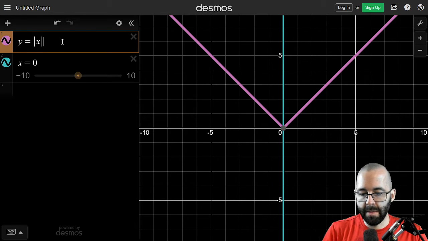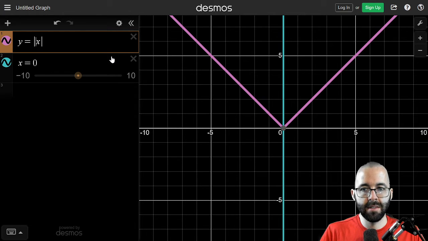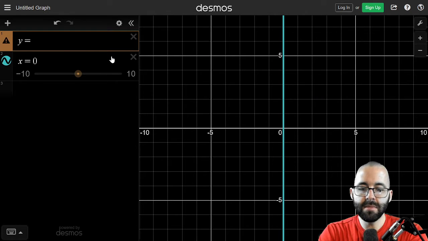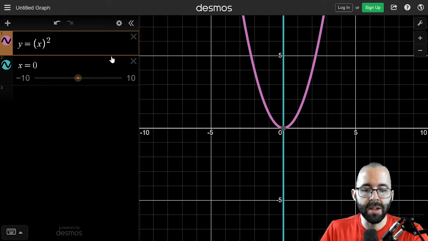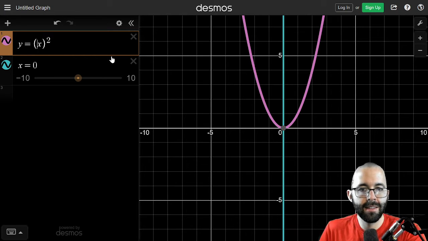All right. Now notice something. If I reflect this function, if I add a negative here, reflected about the y-axis, nothing changes, right? It's already a reflection, so if I reflect it again, nothing changes. If we look at a parabola and I reflect this parabola about the y-axis, nothing changes.